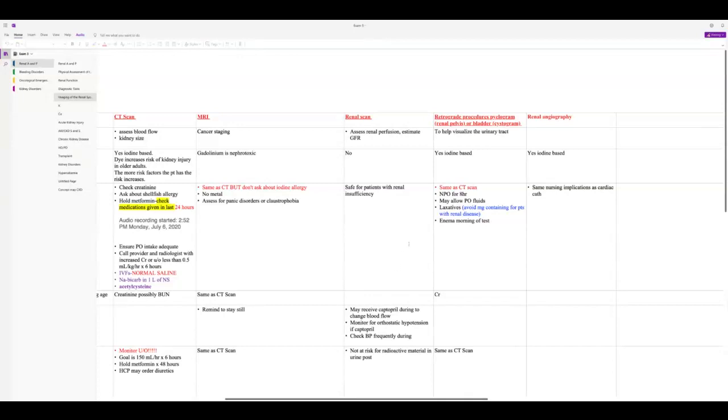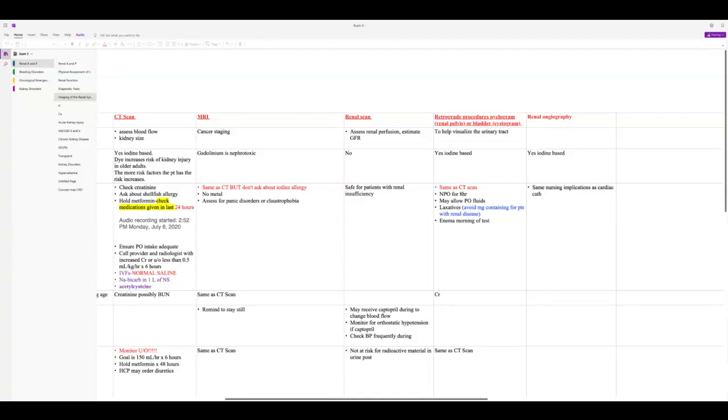The retrograde pyelogram is a dangerous test, especially in older adults, so you've got to check the BUN and creatinine and make sure they don't get dehydrated. Don't give magnesium-containing laxatives to patients that have kidney insufficiency.